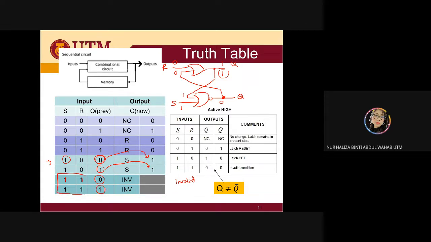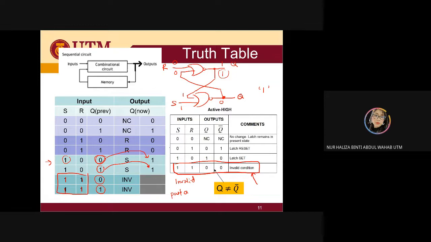This cannot happen, so you cannot have S and R together as 1. So this is an invalid condition. Please remember, if you have a past year question, there is a question for you.